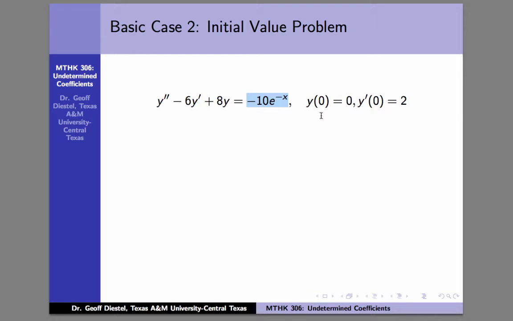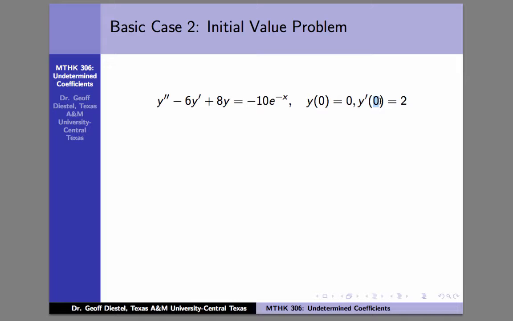But we also want to impose the initial conditions, y of 0 equals 0, y prime of 0 equals 2. Again, the term initial just typically refers to when your inputs for the conditions are 0, and this is commonly used when input is time. Even though we're using x here, it doesn't really make a difference, but that's what an initial condition is.